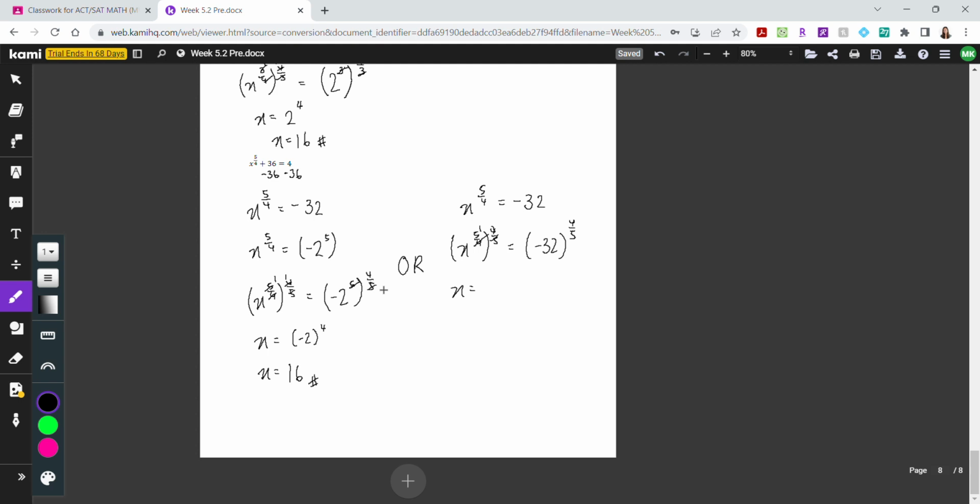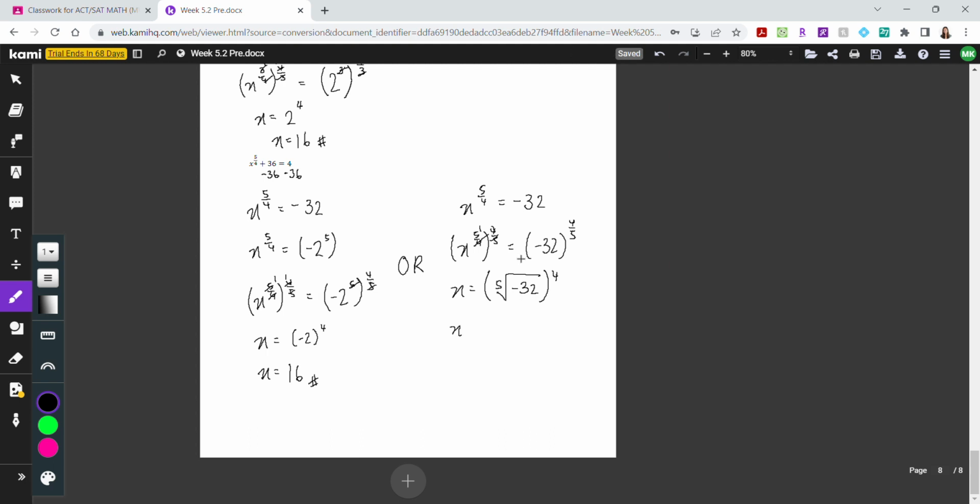Now from here, because my exponent is a fraction, I can put it into radical form, right? Now 5 is at the bottom, which means I'm going to bring it to the side as the number of my root. So I am going to get the 5th root of negative 32 to the power of 4, right?